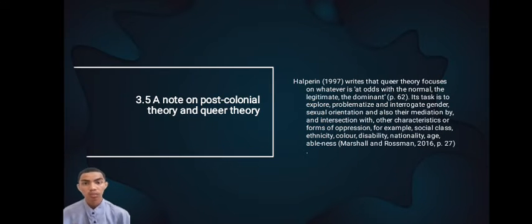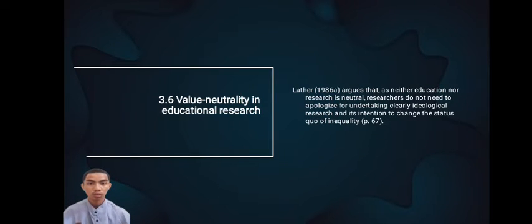Its task is to explore problematic and interrogative gender, sexual orientation, and also their mediation by the interaction with others, characteristic or forms of opposition, for example, social class, ethnic, color, disability, nationality, age, and Marshall and Rahman 2019. And the next is value neutrality in educational research.